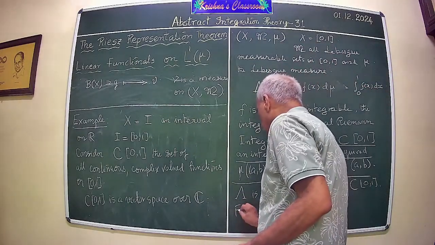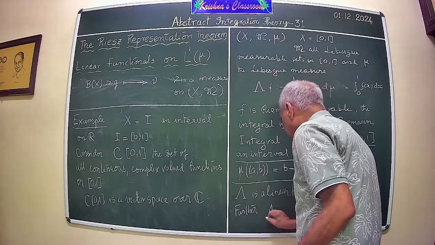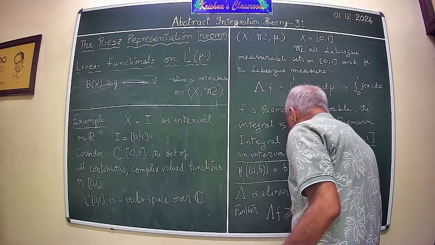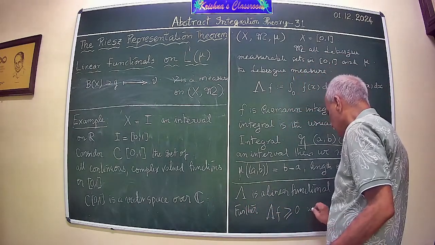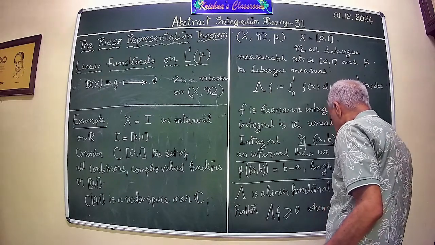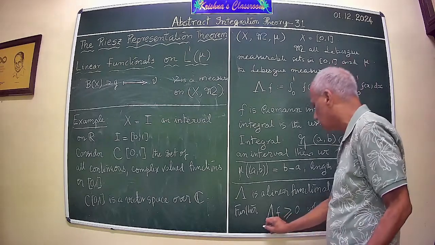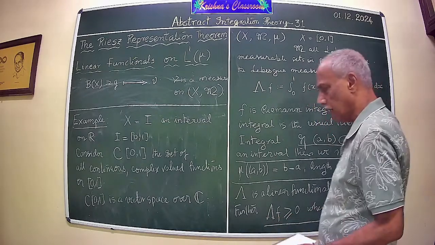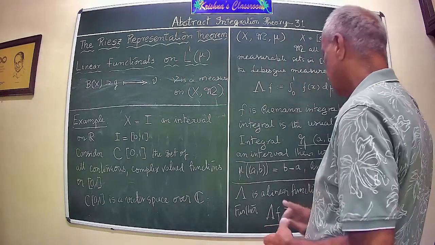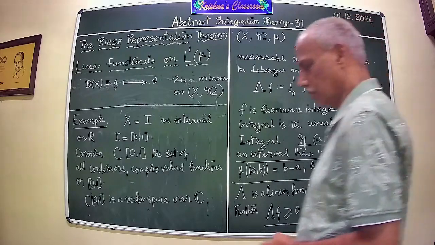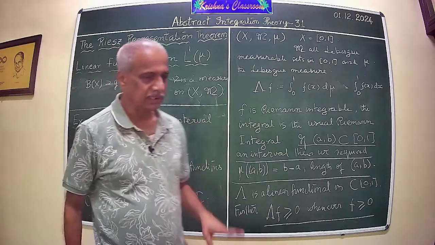Further, we have this property: lambda f is greater than or equal to 0 whenever f is a continuous function which is non-negative on the interval 0, 1. Okay. So this is something about the technique.